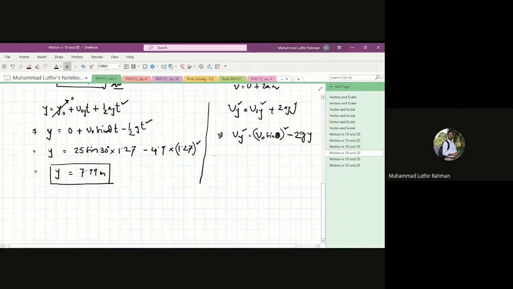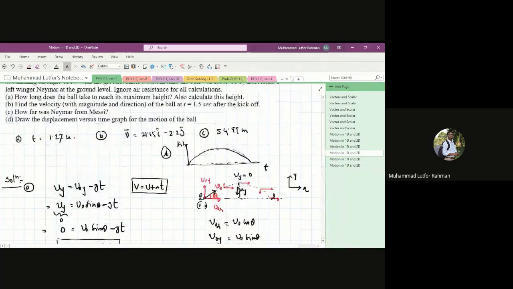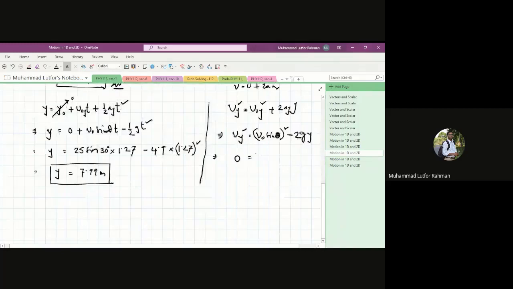Now this Vy, if it is the maximum height, is going to be 0. I am talking about the vertical component at the maximum height being 0, but there will be some horizontal component. Then I can write it should be V naught square sine square theta minus 2g y, and you can find that y from there. So V naught square sine square theta divided by twice g.